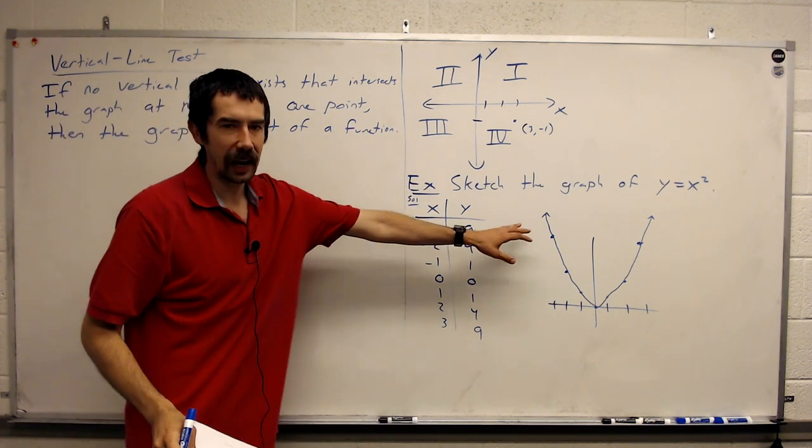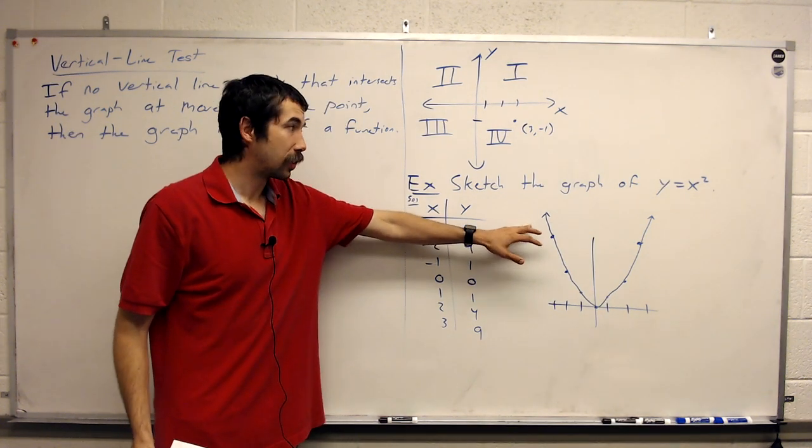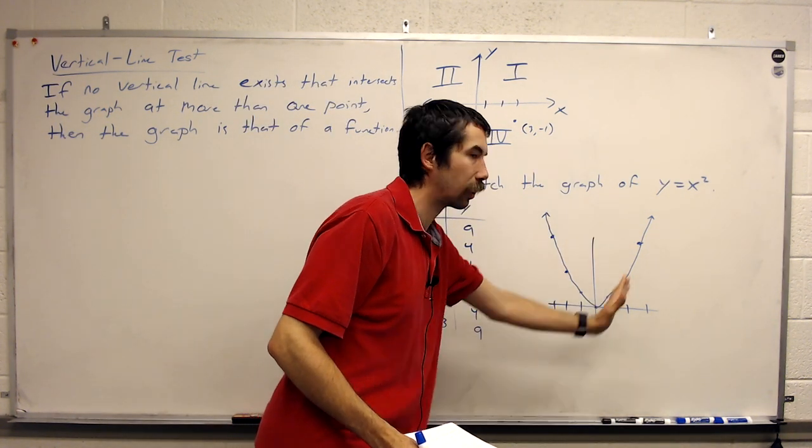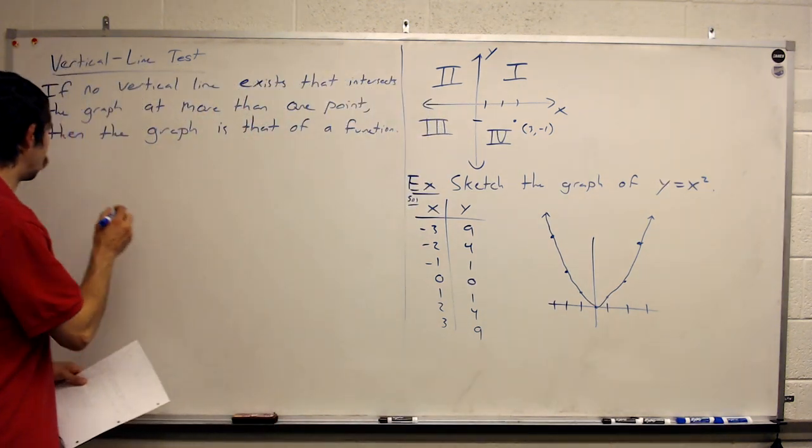All right, so if I just gave you this graph, we know it's the graph of a function because no vertical line crosses the graph twice.